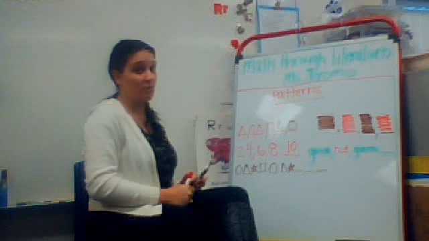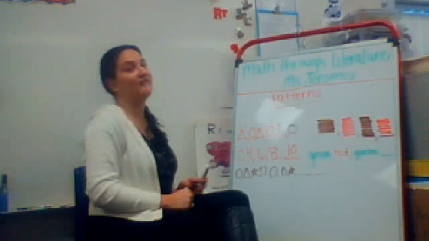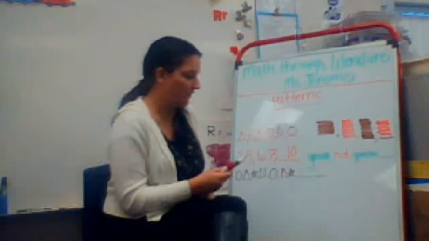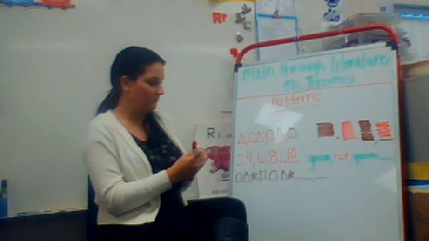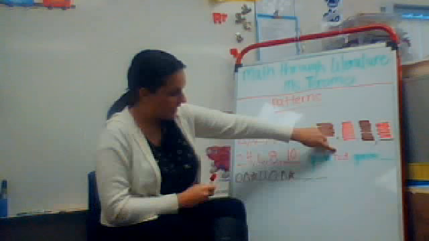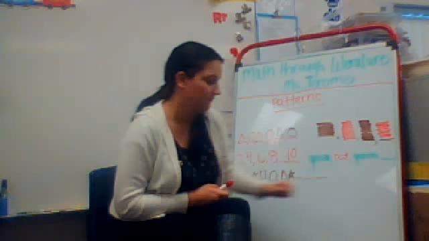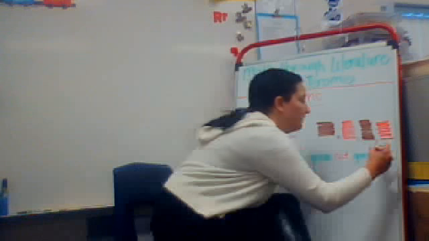Does anyone know? 1 is a number, and 3 is a type of number, and 5 is a type of number. Odd. Very good. Okay, and right here, we have green, red, green. We just want to know what comes after green. Red. Very good.